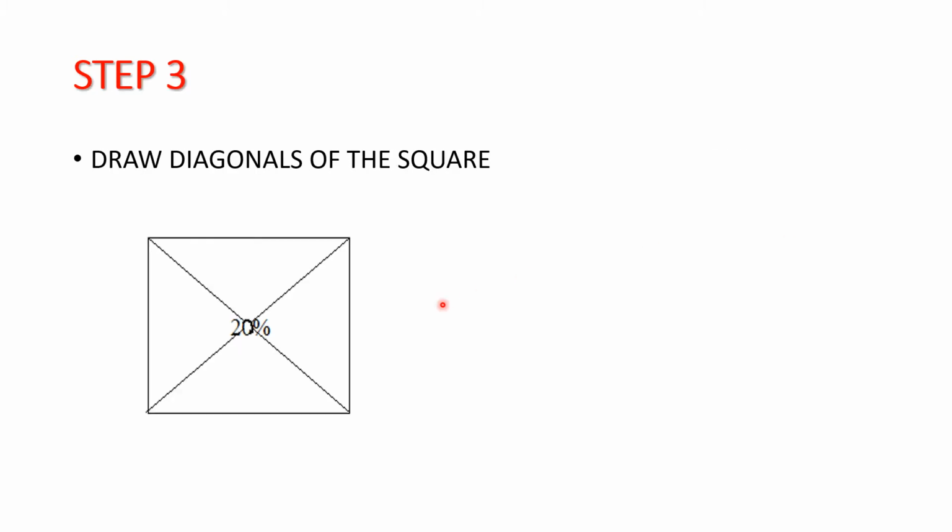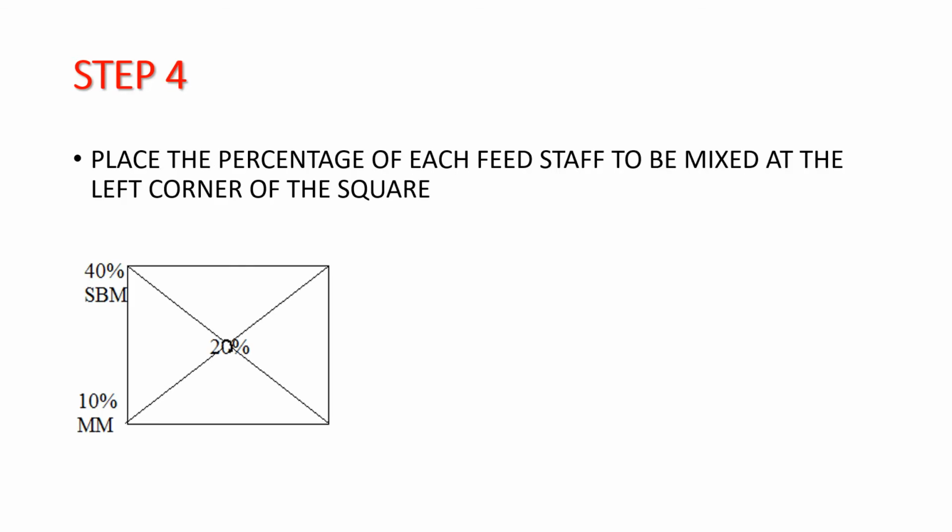Then step number 3 is just a matter of drawing the diagonals. So you draw the diagonals of the square. Then you go to step number 4. On step number 4, you place the percentage of each feedstuff to be mixed at the left corner of the square. So here is our square, and this is the left corner of the square.